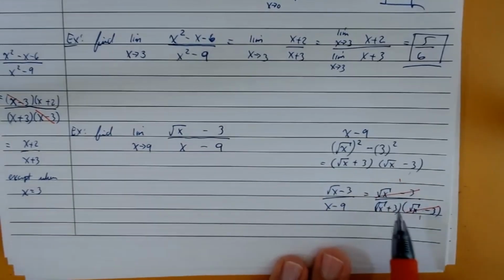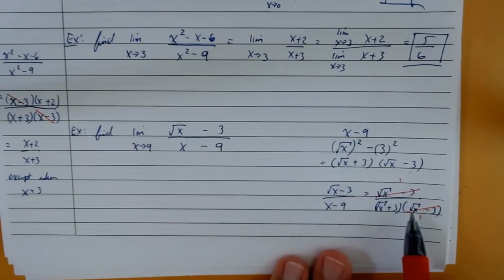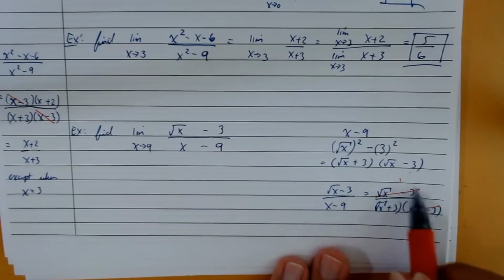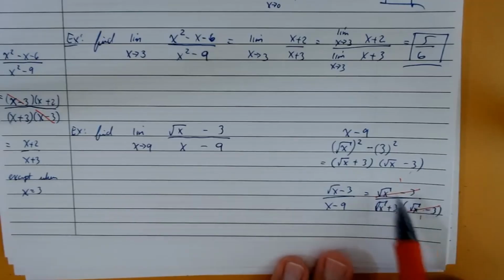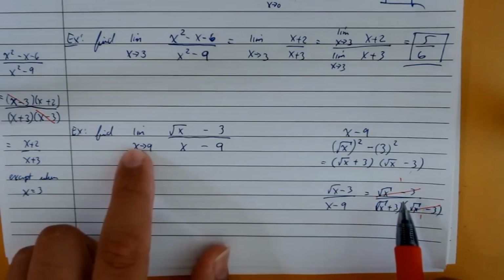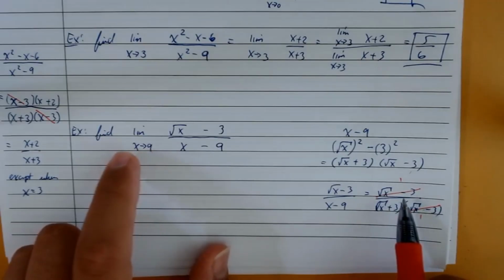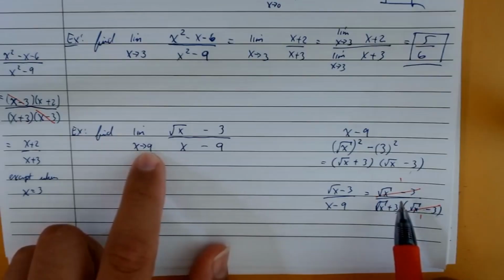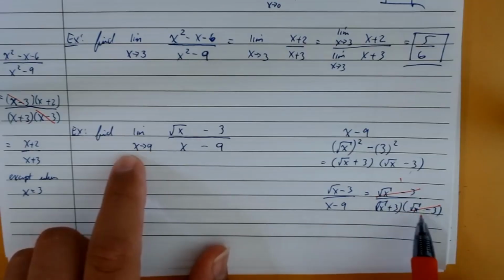Well, they divide as long as you don't have the number 9 plugged in. Because if you plug in the number 9, the square root of 9 is 3, minus 3 is 0 over 0. Okay, so here these divide away as long as x is not equal to 9. But again, you're not plugging in 9. You're plugging in numbers close to 9. 8.7, 8.8, 8.9, 8.99, but never the number 9.